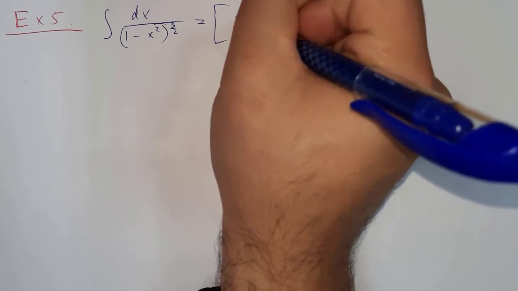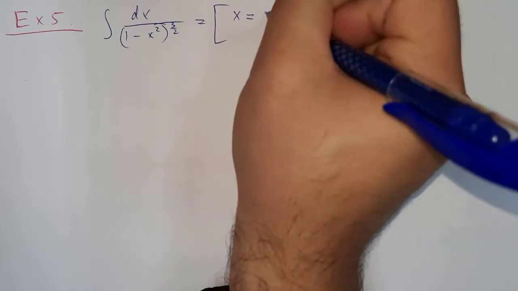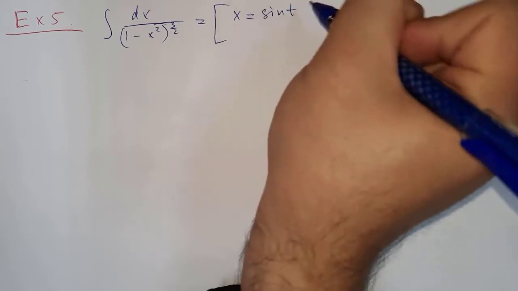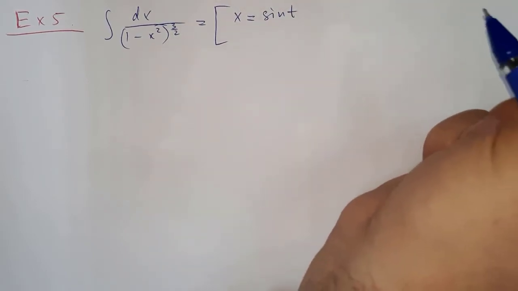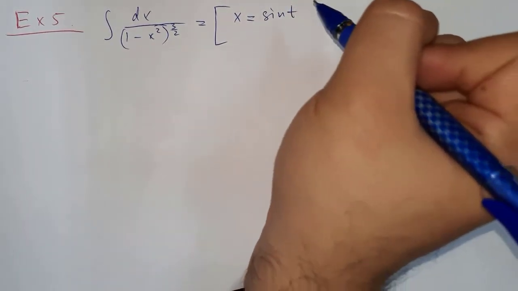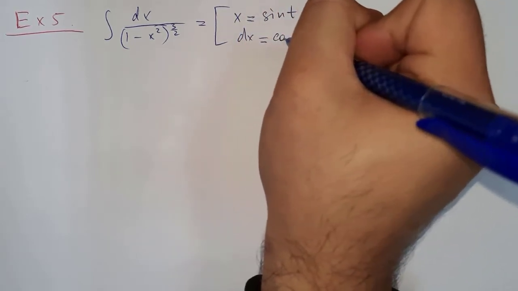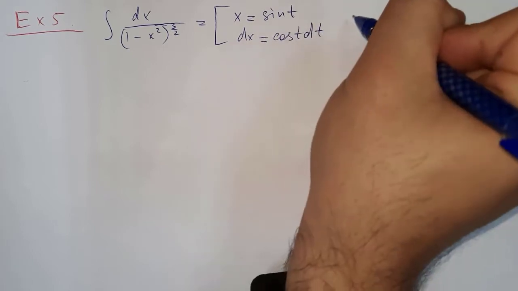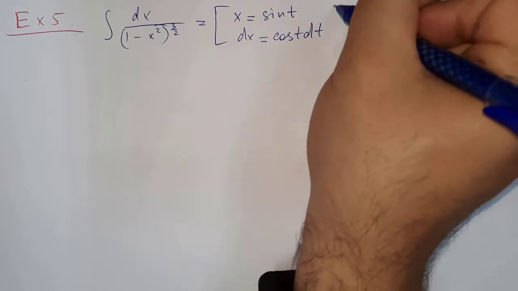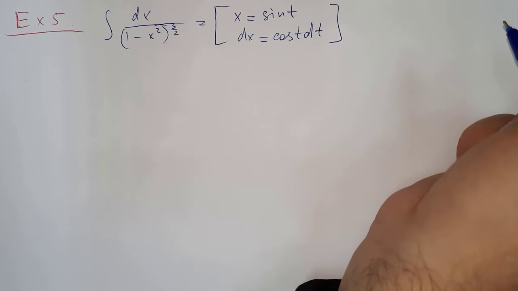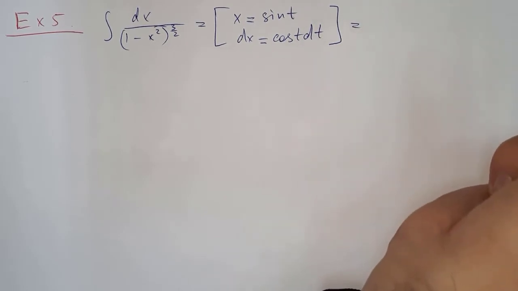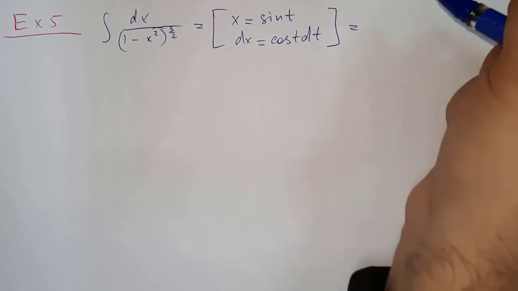So for example, in this case, let x be denoted by sine t. So let's replace x with sine t, and dx here is cosine t dt. Okay, now we can continue. Why do we need to replace this x with sine t?